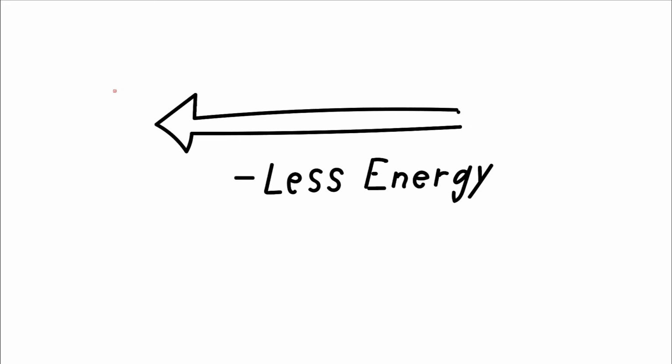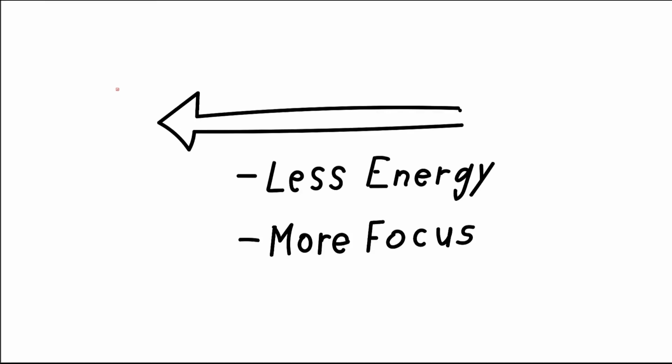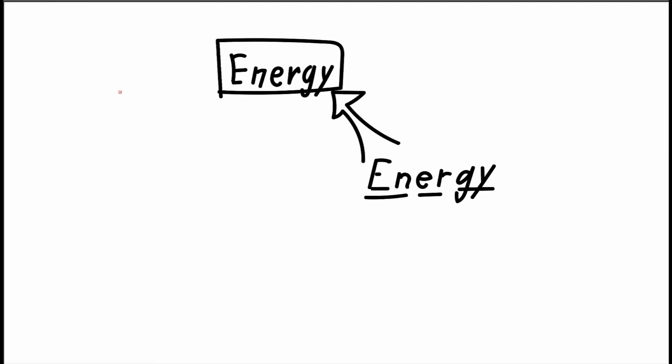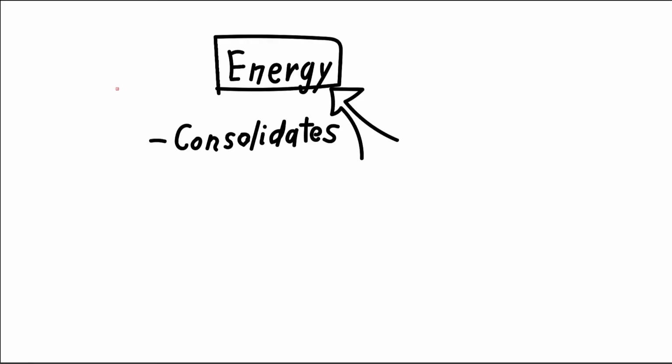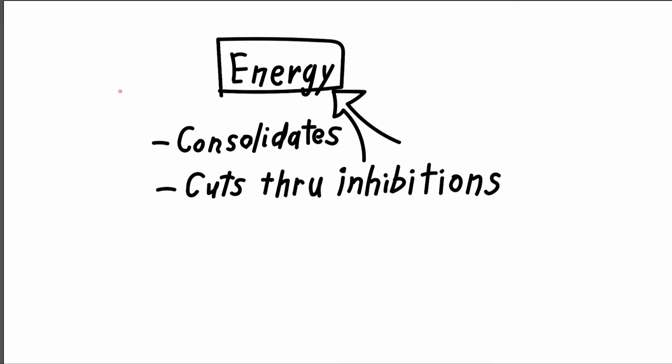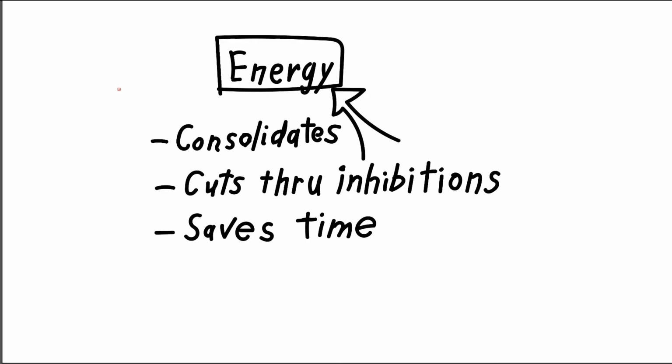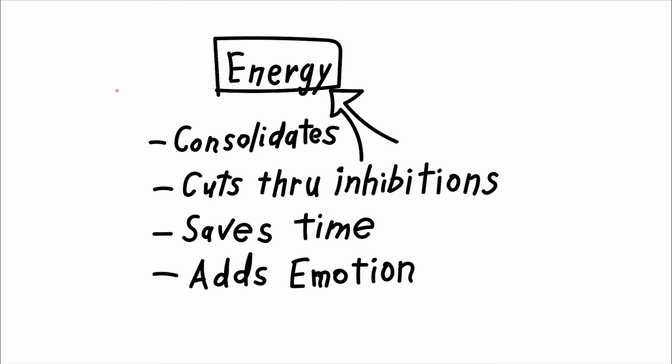Creating a mental image such as one big arrow takes much less energy than tapping, but it has more precision that can be used to focus and enhance the mental image. An arrow not only consolidates the syllables into one thought, it also cuts through inhibition, saves time, and adds emotion.